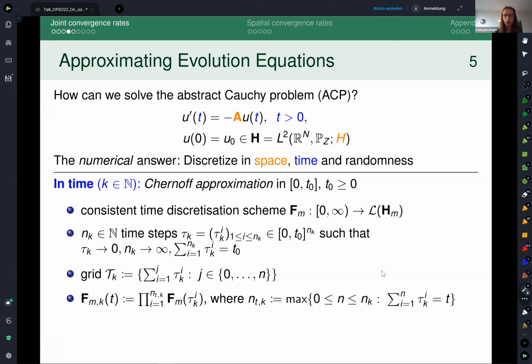So we have a vector tau_k of time steps, which yields a grid tau_k of the times that we hit with our time steps. And applying this instead of the semigroup yields our discretized solution. For the sake of a short notation, let's denote that by bold F_mk, which just means applying the time discretization scheme successively for each time step until we reach the time at which we want to have a discretization.